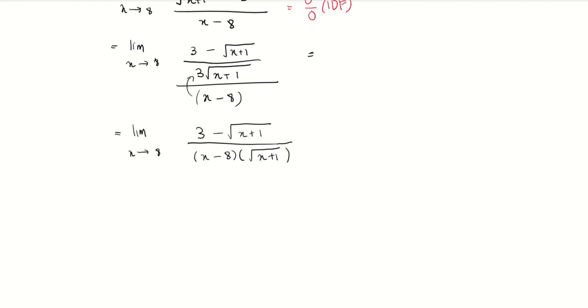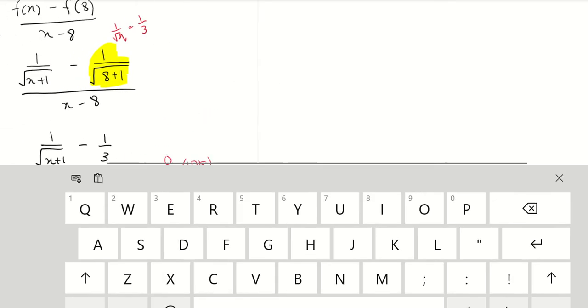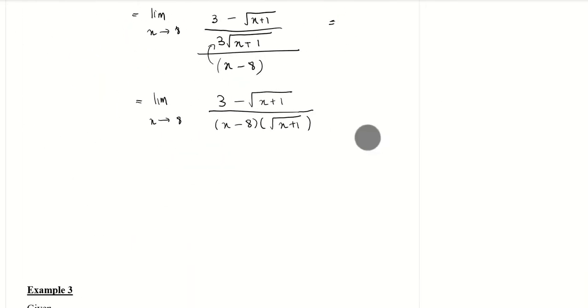If we substitute the limit directly, we still get 0 over 0, because we haven't eliminated x minus 8 yet. So we will multiply with the conjugate.